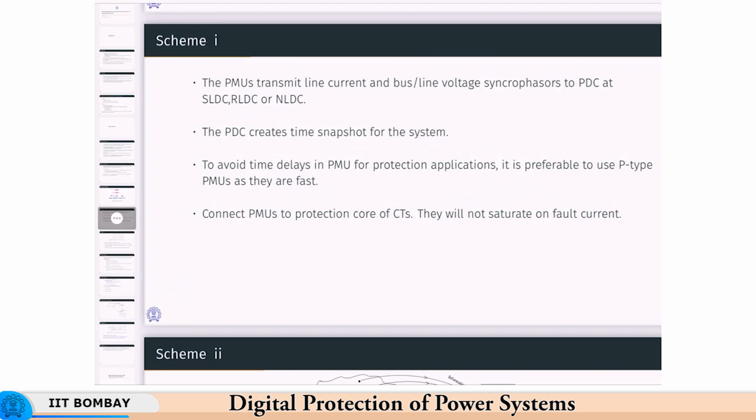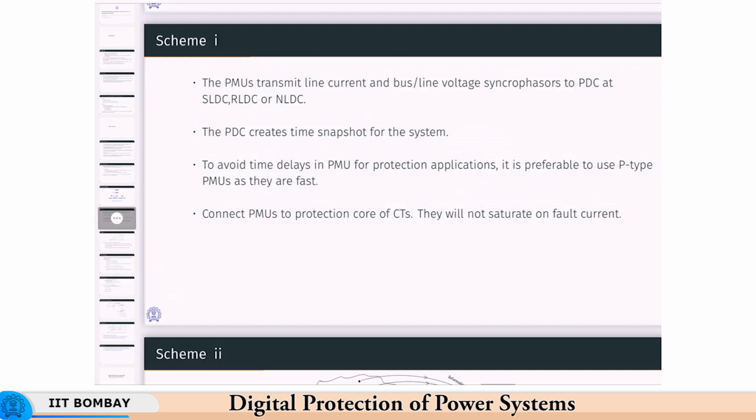the type of PMU which is preferred is the P type, because we saw that the filtering requirements are lesser for the P type, so the time delays associated will also be less. Though the M type, metering type, will be more accurate, here we can compromise a bit of accuracy for speed. The trade-off is acceptable in this case.